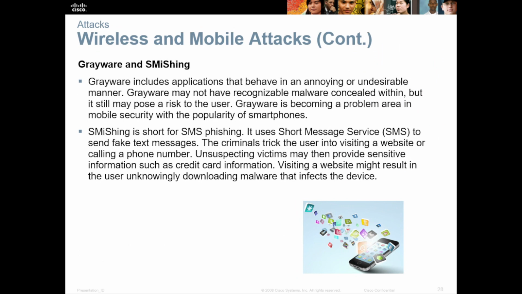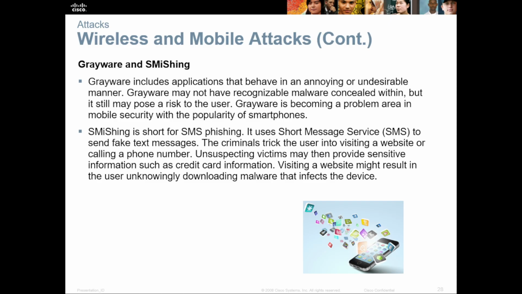There's also something called grayware or smishing. Grayware includes applications that behave in an annoying or undesirable manner. Grayware may not have recognizable malware concealed within, but it still may pose a risk to the user. Grayware is becoming a problem area in mobile security with the popularity of smartphones.